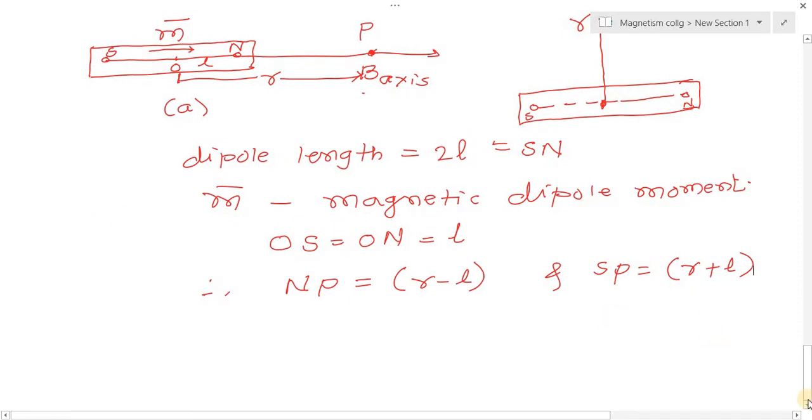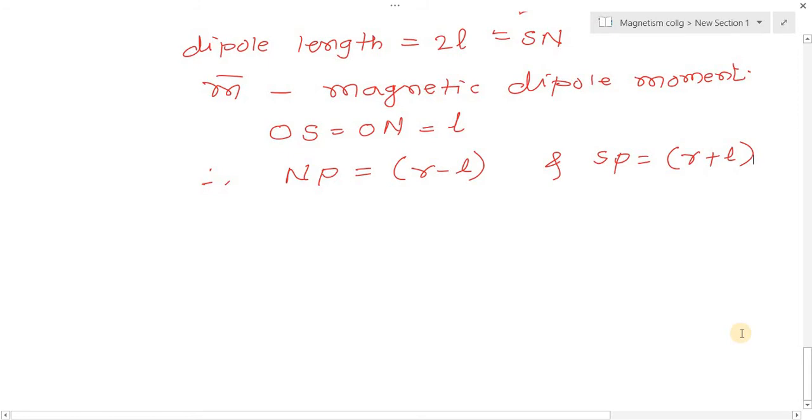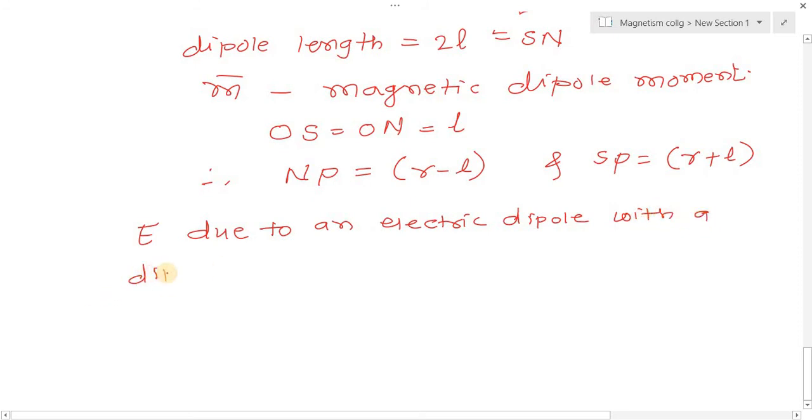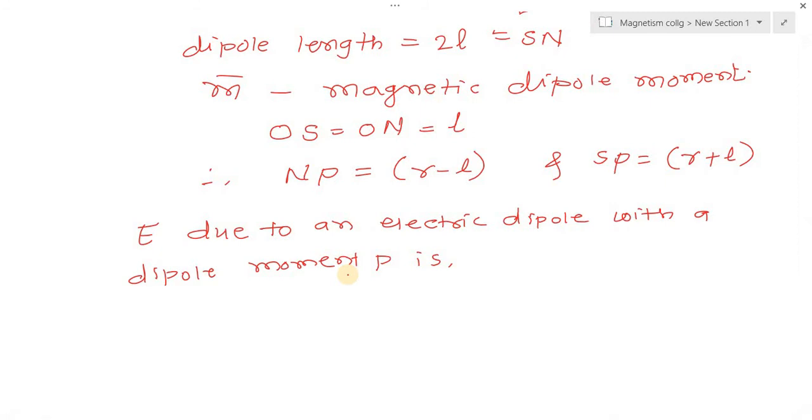First, from electrostatics, we know the electric field E due to an electric dipole with a dipole moment P is given by the formula we have already studied.